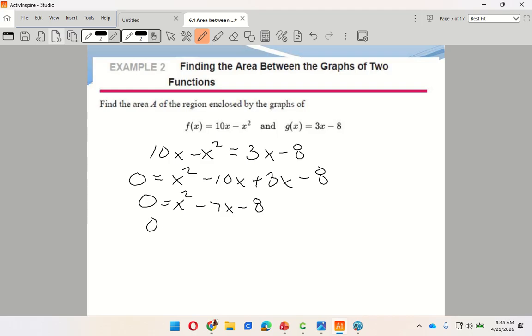So that's going to give me 0 equals, positive 1. There you go. So that means that this is going to be bound there. So I'm going to have my integral set up from negative 1 to positive 8.